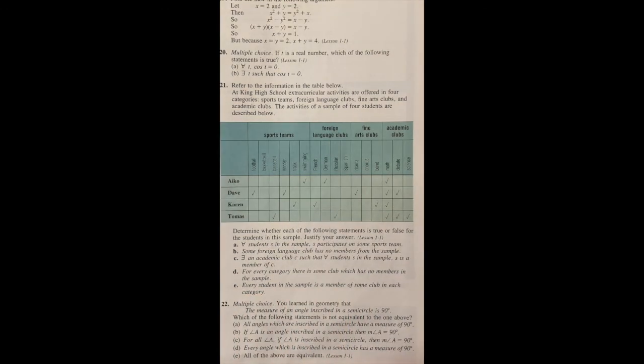Okay, the last one here, multiple choice. You learned in geometry the measure of an angle inscribed in a semicircle is 90 degrees. Which of the following statements is not equivalent to the one above? All angles which are inscribed in a semicircle have a measure of 90 degrees. That's the same thing.